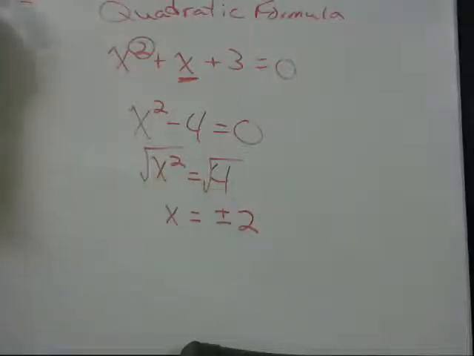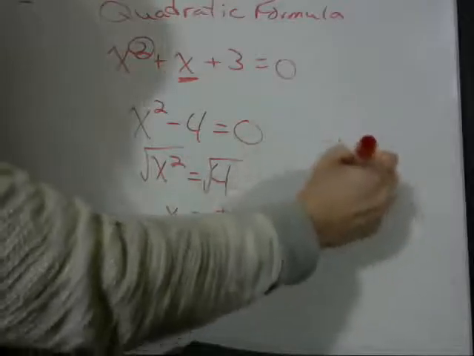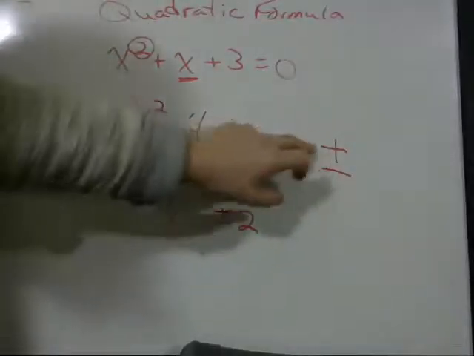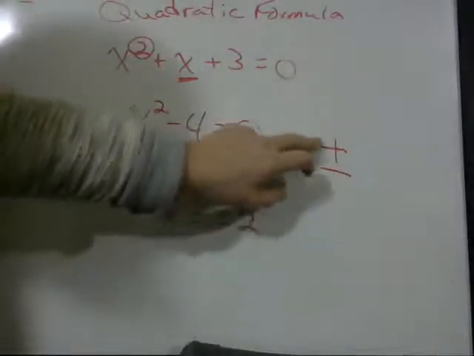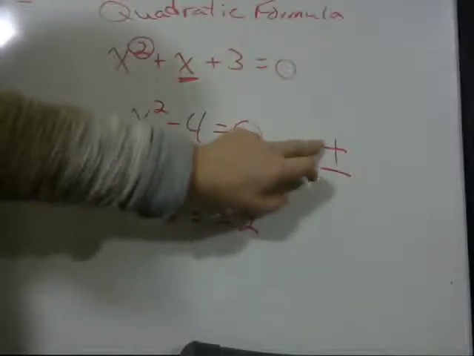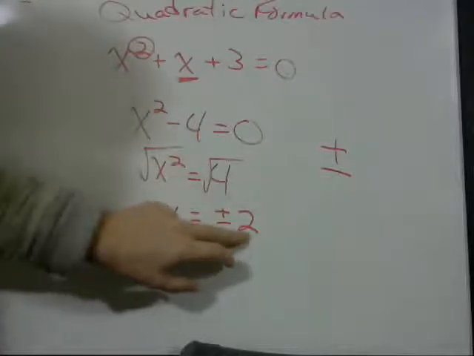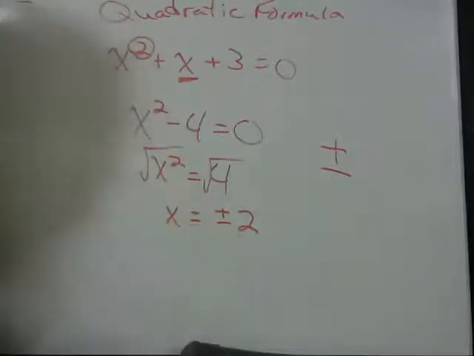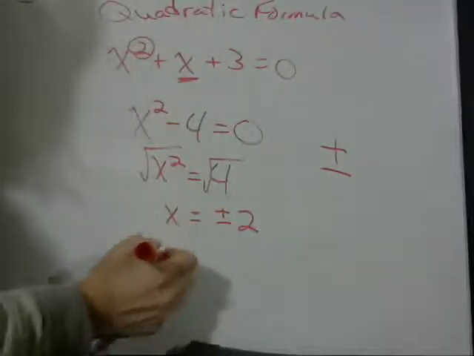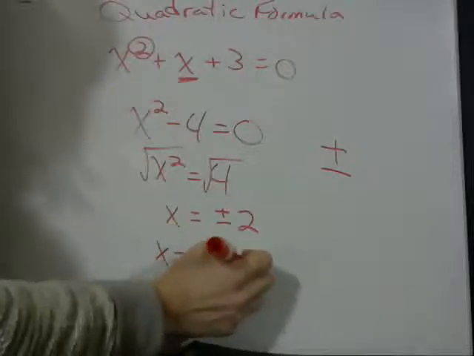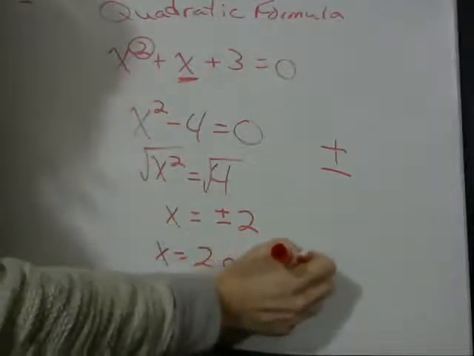Two negatives make a positive. This symbol is called plus or minus. It really means positive 2 or negative 2. Either one of those answers is correct. So x can equal positive 2 or x can equal negative 2.